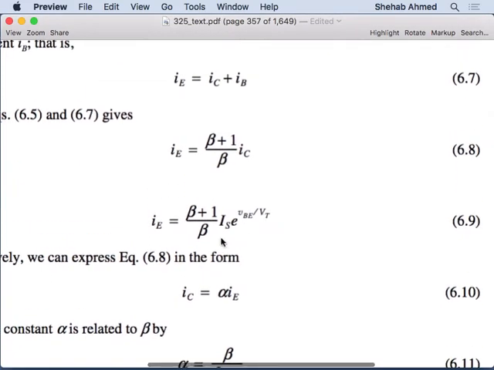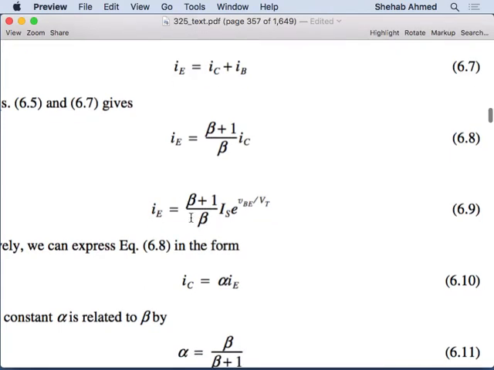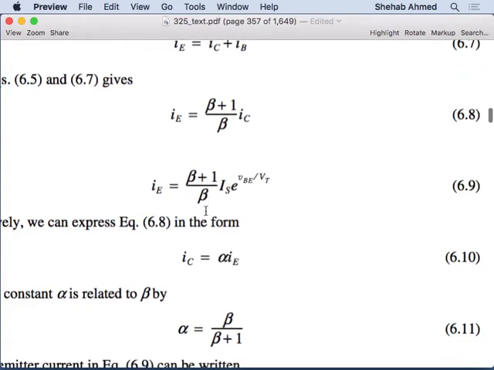I will call this relationship between IE and IC, beta plus 1 over beta, 1 over alpha. So I'm relating IC to IE with an alpha variable. IE and IC are related by beta plus 1 over beta, which I'll call 1 over alpha.